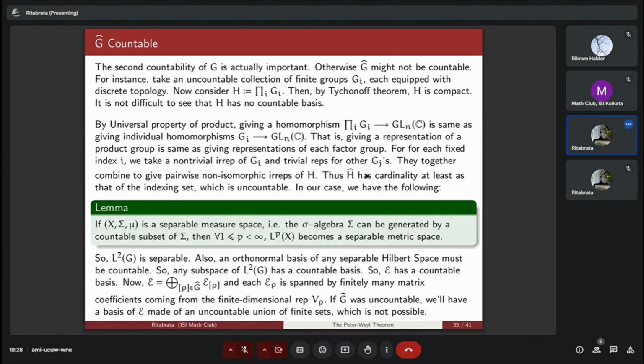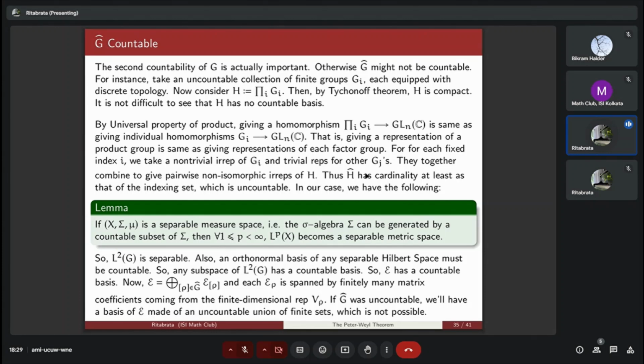Around each basis vector we can take balls of radius d, and all these balls will be disjoint. If it is separable, it has a countable dense subset, and that dense subset has to meet every ball. So we would have uncountably many disjoint balls, each containing a member of the countable set, which clearly means our dense set is also uncountable.